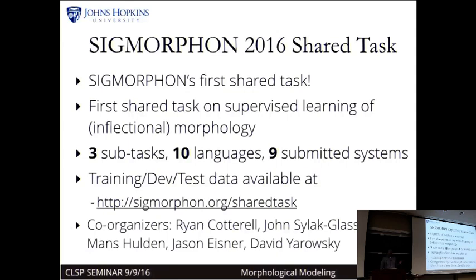And it resulted in state-of-the-art systems on this task. It included 3 subtasks, 10 languages, 9 of which came from our Wiktionary database, and there were 9 systems submitted. And a lot of the co-organizers are here and came from JHU. So besides me, it was Ryan, John, Jason, and David Yarowsky, and also Mans Hulden in Colorado. And thanks to Mans for some of the nice visualizations you'll see in the next couple of slides.